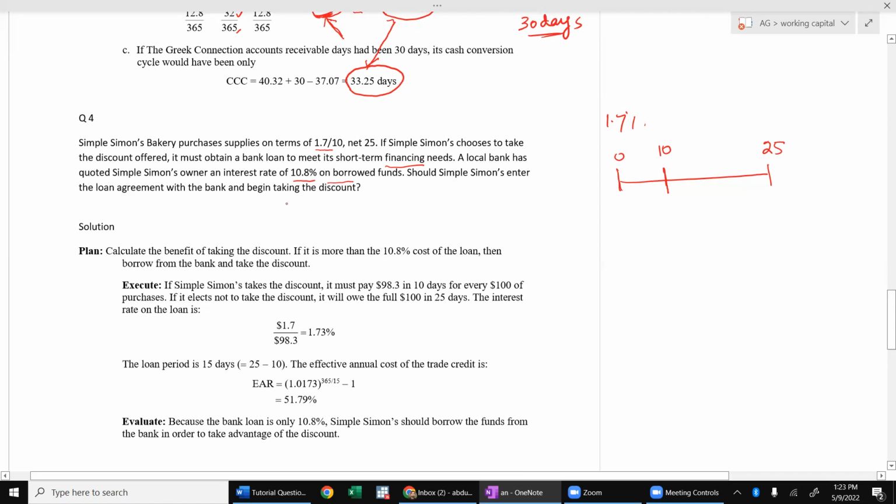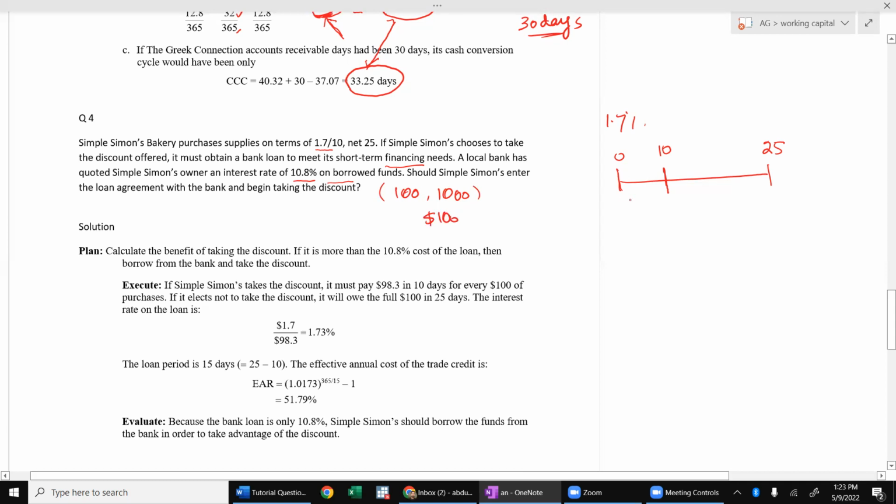Okay, so you need to understand that, for instance, the purchases are 100. Here the purchases are not mentioned, so you can just assume the purchases are 100, or even 1000, or any amount that you want, the answer will not change. Okay, so let's say the purchases are $100.